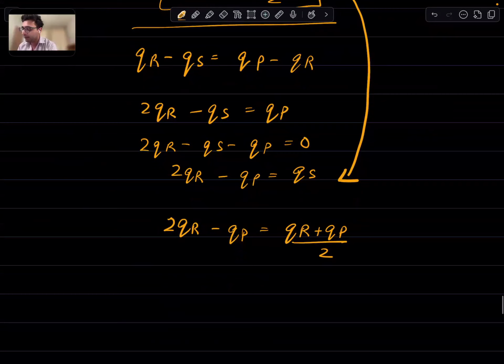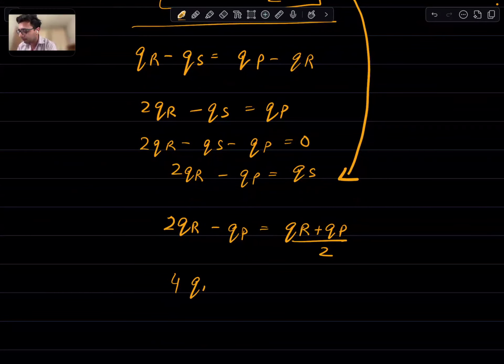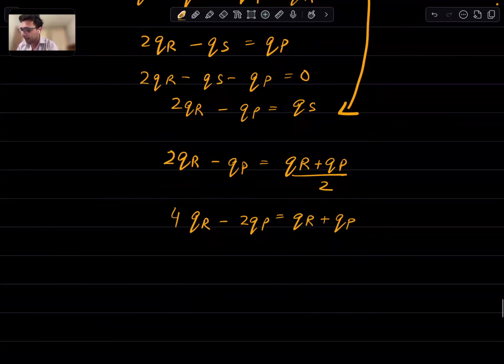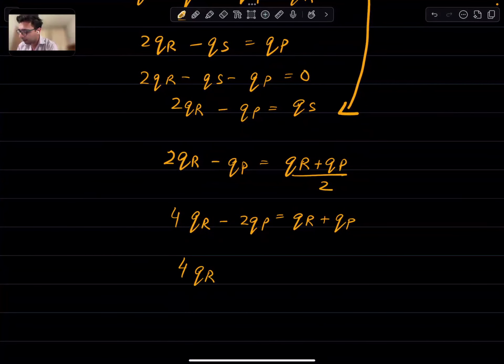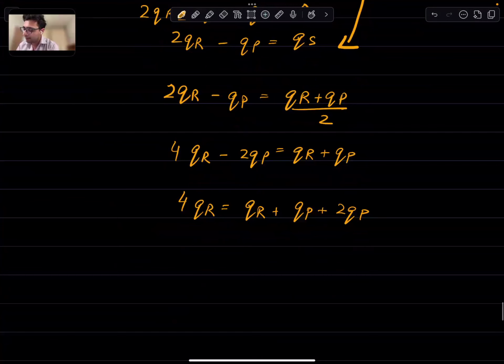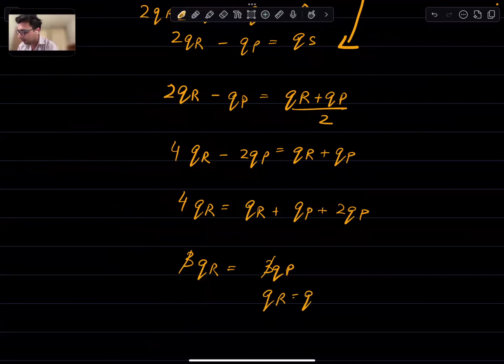Let's multiply both sides by 2. Add 2 times QP on both sides. Subtract QR from both sides. Okay.